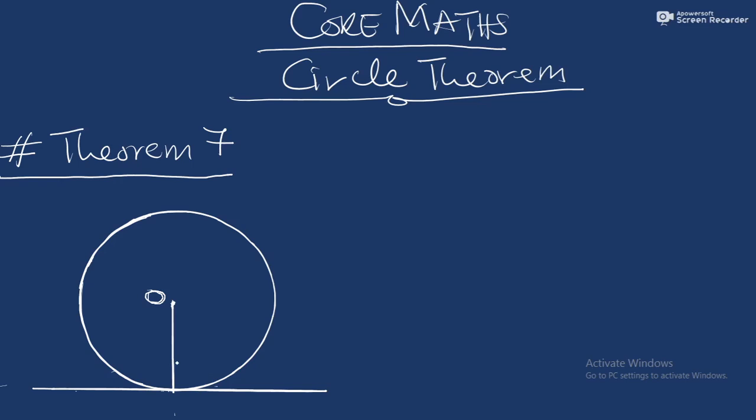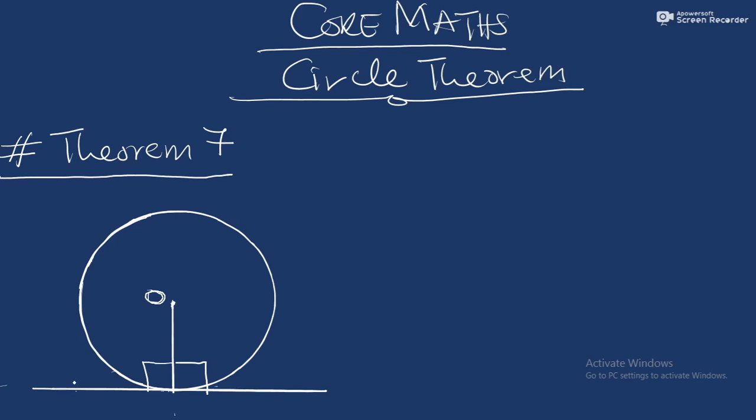So the angle between a radius of a circle and a tangent is always 90 degrees. So it means that the angle here is 90, the angle here is also 90. This is a radius, this is a tangent. So in other words, we say that the radius is perpendicular to the tangent.